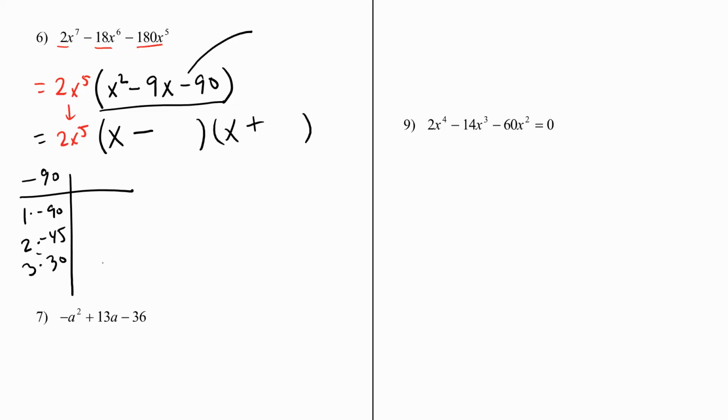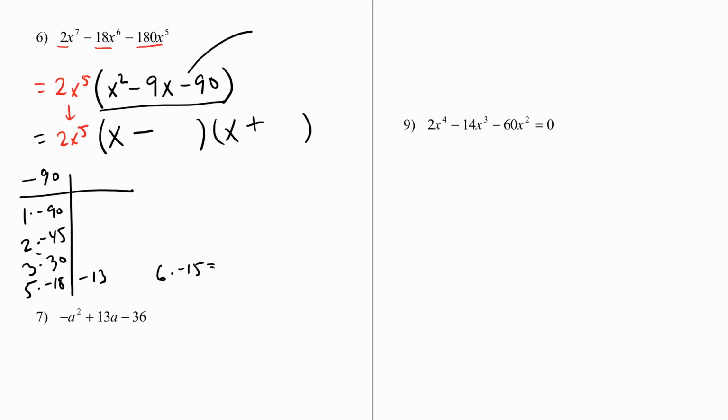Hopefully you're seeing that those ones don't work. 4 does not divide into 90. 5 does. 90 divided by 5 is 18. If we add those, we get negative 13, so that's not what we're looking for. 6 divides into 90, and that is 15. So 6 times negative 15, not quite there.